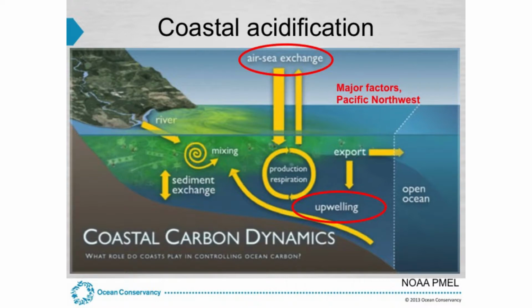Coastal acidification is a catch-all term that incorporates not only the invasion of carbon dioxide from the atmosphere into the ocean, but also the role of upwelling, biological activity, the respiration and photosynthesis that naturally happens, runoff from the land, mixing, and exchange with sediments. In the Pacific Northwest, we know that air-sea exchange and upwelling were the major contributors to the acidification event that was so harmful for the oyster industry out there.